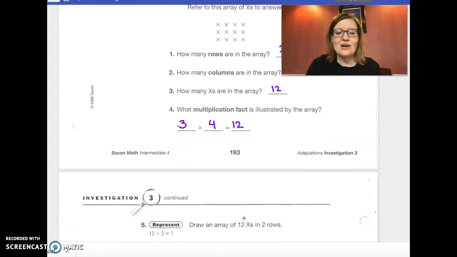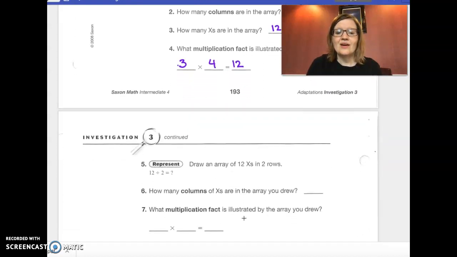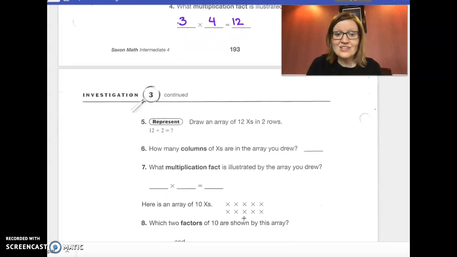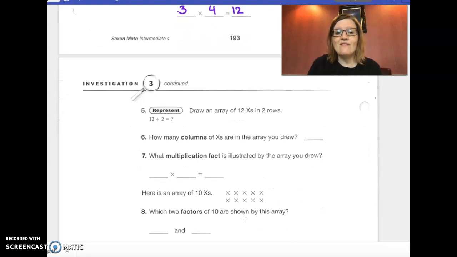Our next thing is to draw an array of 12 x's in 2 rows. So I'm going to come over here. You guys get to see here is an array of 10. We're going to draw an array of 12 x's in 2 rows. So 1, 2, 3, 4, 5, 6.